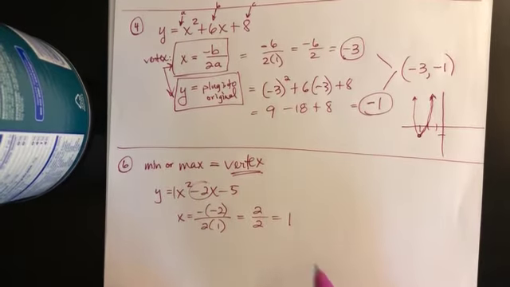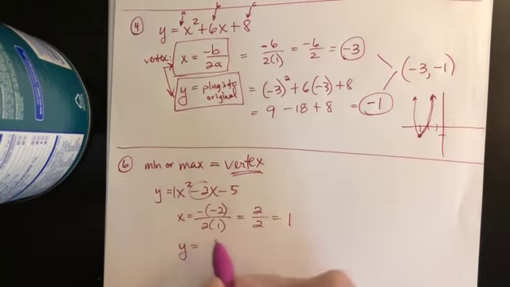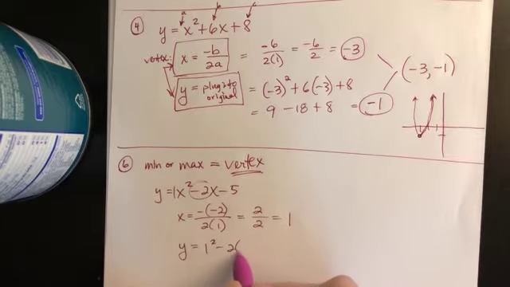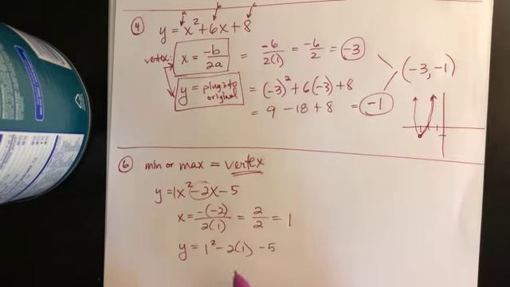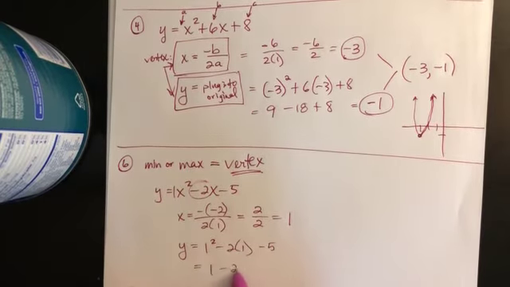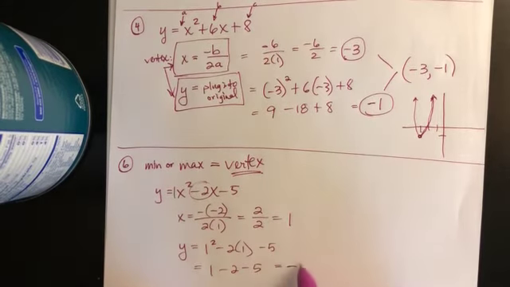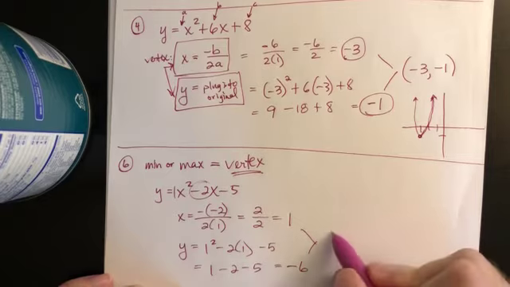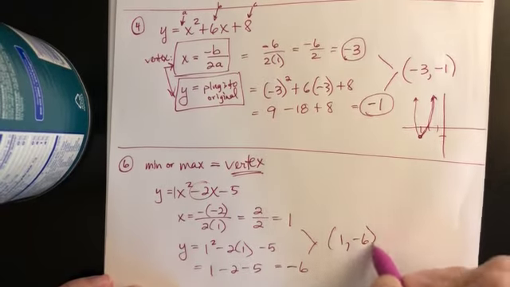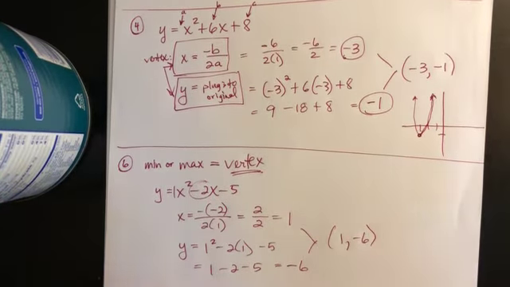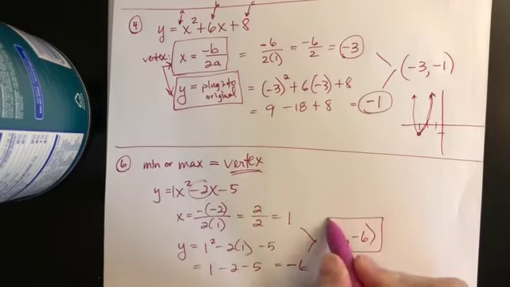All right? Then we plug it in. So we got y equal to 1 squared minus 2 times 1 minus 5. And that's 1 minus 2 minus 5, and that is equal to negative 1 minus 5, which is negative 6. So these two together make 1 comma negative 6. And that's what they want. They want coordinates of a point. So that, there you go.